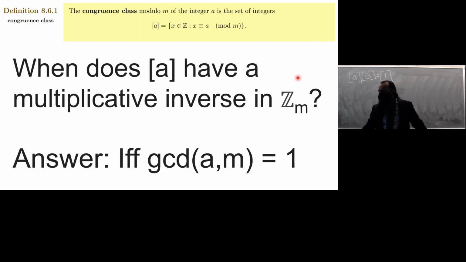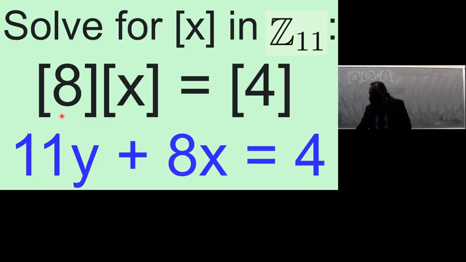Yeah, but then you said something about A being congruent to B or something? No, you could just use your multiplication for congruences, like A and B is congruent to 1. Yeah. Now here we had congruence class of 8 times congruence class of x equals congruence class of 4.